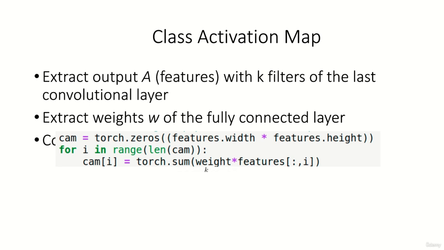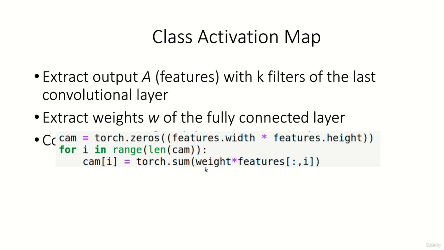Now we loop over those 49 values and compute at first the product between our weights and the features at the corresponding index i. In our example of 24 filters, we have a weight vector that consists of 24 elements and 24 features at each of the 49 positions.